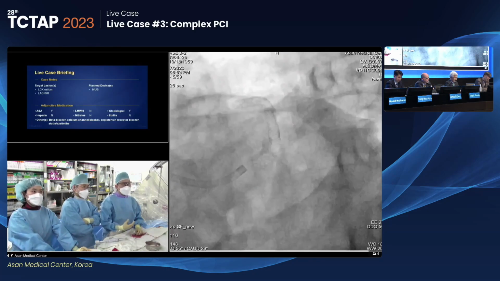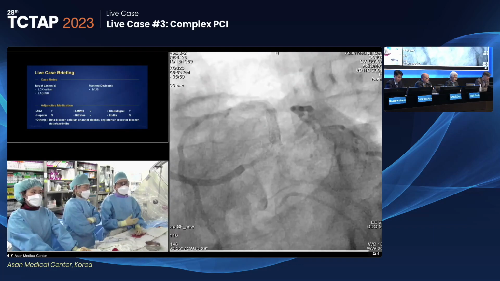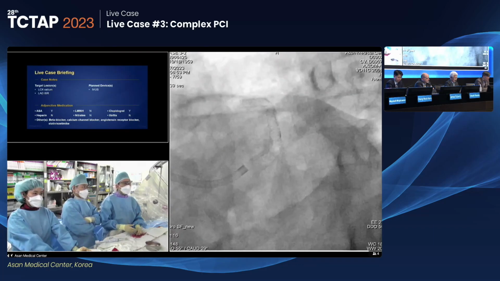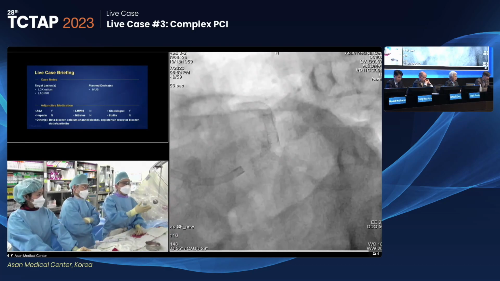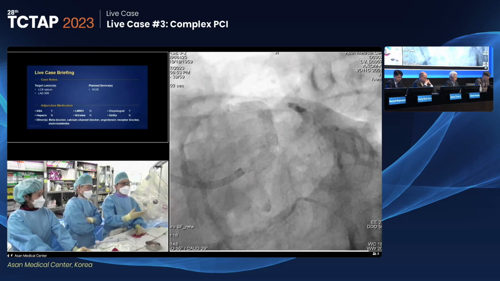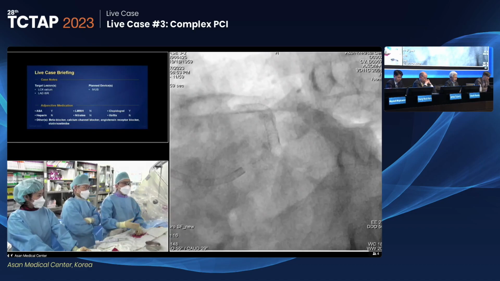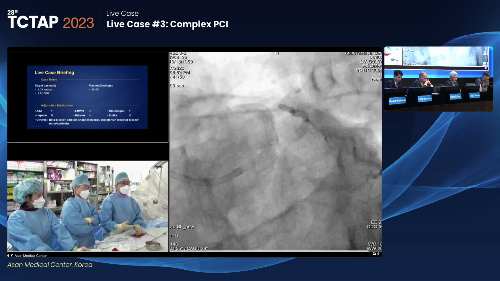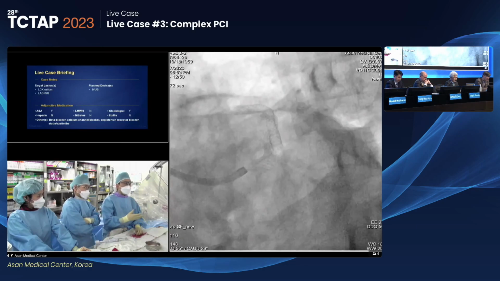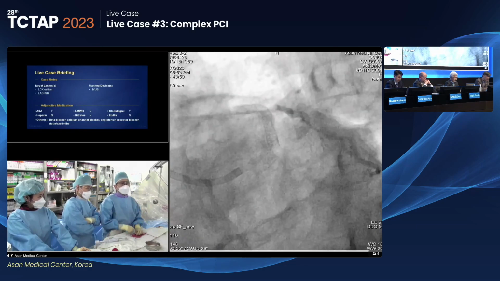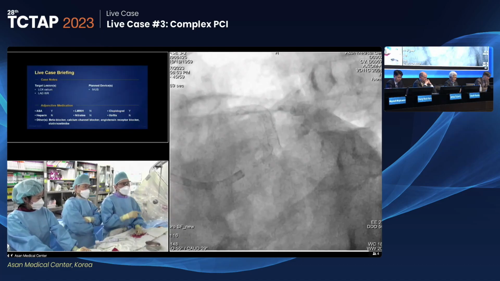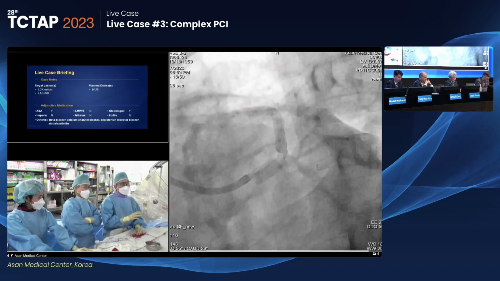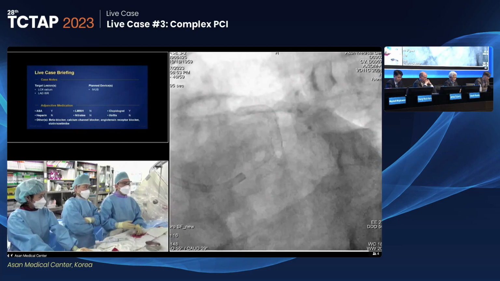Now the patient has a mild symptom, stable angina with CCS 1, and it shows typical ISR of the left main crossover stent. In our previous report, more than 70% of the ISR in the left main happens at the circumflex ostium. I think there is severe calcification in the circumflex ostium, and it can be a hurdle to overcome.